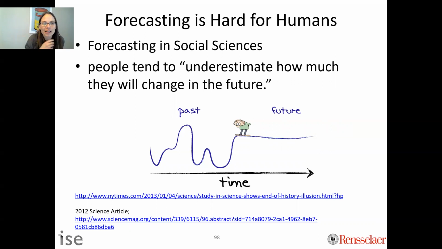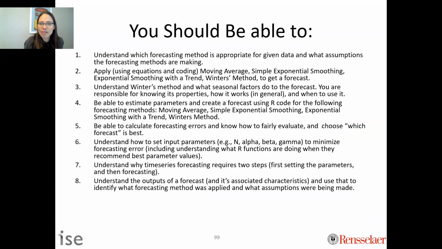Usually if I look back on my life, there's lots of stuff going on. What we do as humans, though, is we say that in the future, wherever we are, we're going to be pretty flat. And so we're actually really bad at estimating the future. There are some interesting articles about that if you're interested. I'm just going to end on that to say forecasting is hard. It's hard for supply chains. It's hard for humans. But if we can do better at forecasting, we can be better at making decisions, which is pretty powerful. So I'm just going to end there.